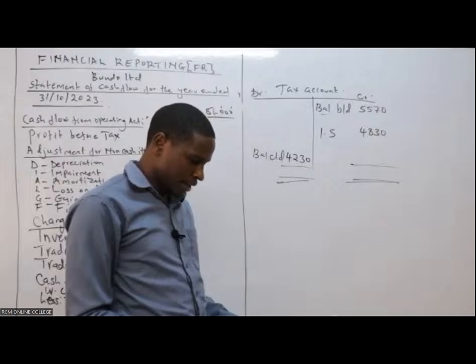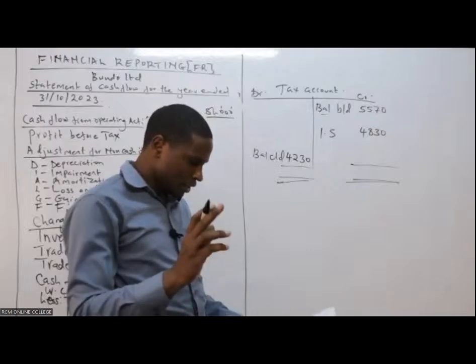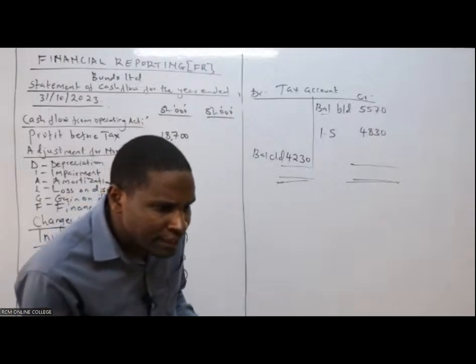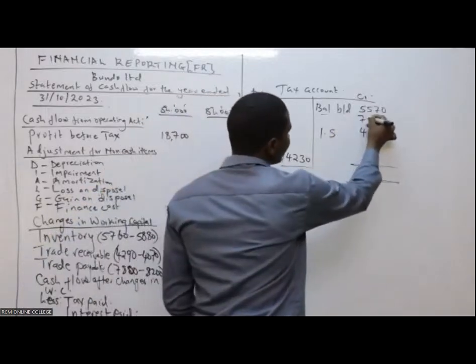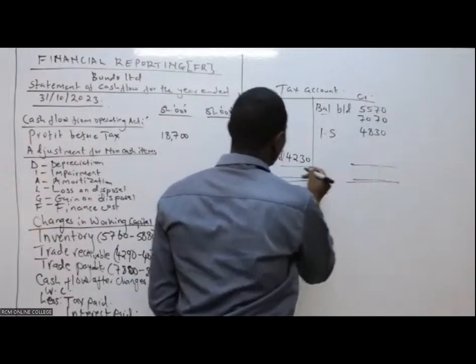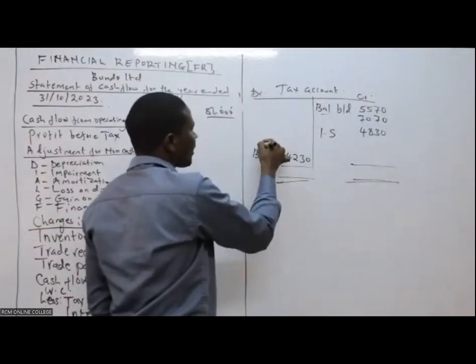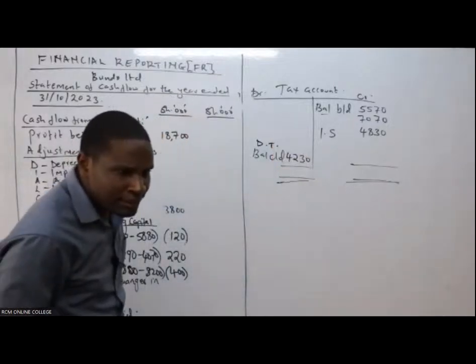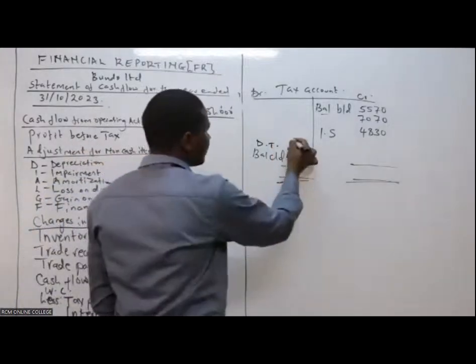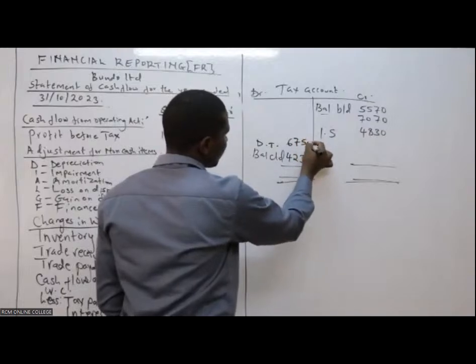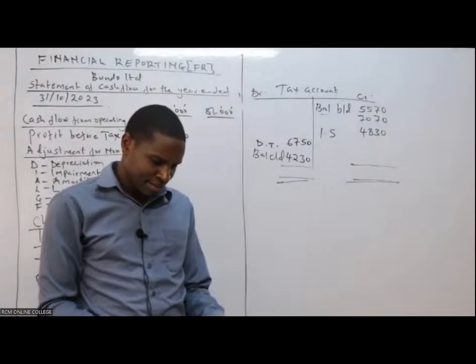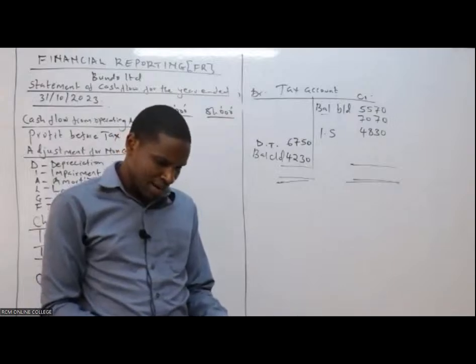This was fire. 70. Asante. Na nipatie hiyo ya carry down ya deferred tax. 6750. Asante. Now we need to check whether we have any other information touching on our taxes here.